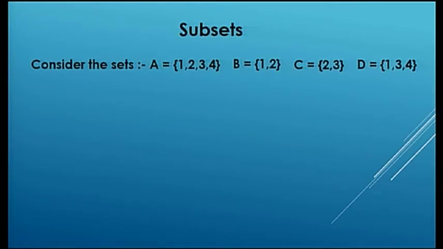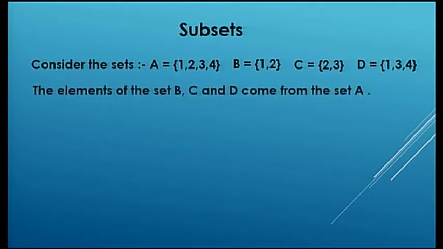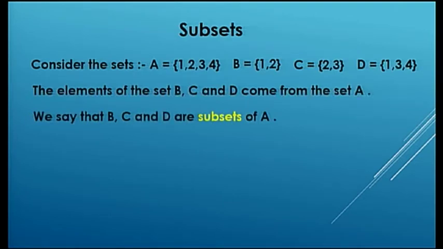In set B we have the elements 1 and 2, which are present in set A. In set C we have 2 and 3, which are also present in set A. In set D we have elements 1, 3, and 4, which are again present in set A. So the elements of sets B, C, and D come from set A. We say that B, C, and D are subsets of A.